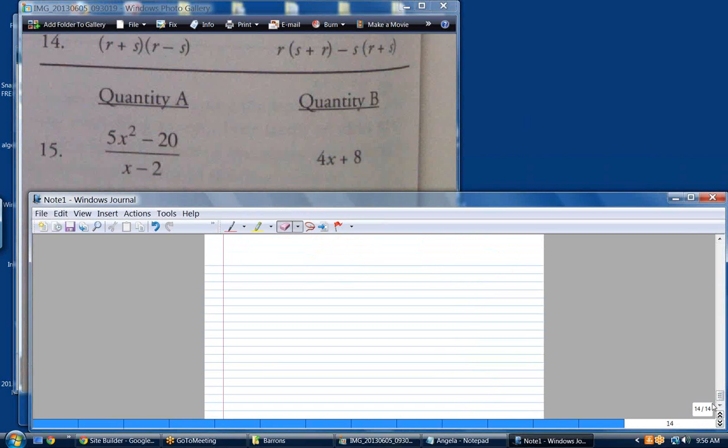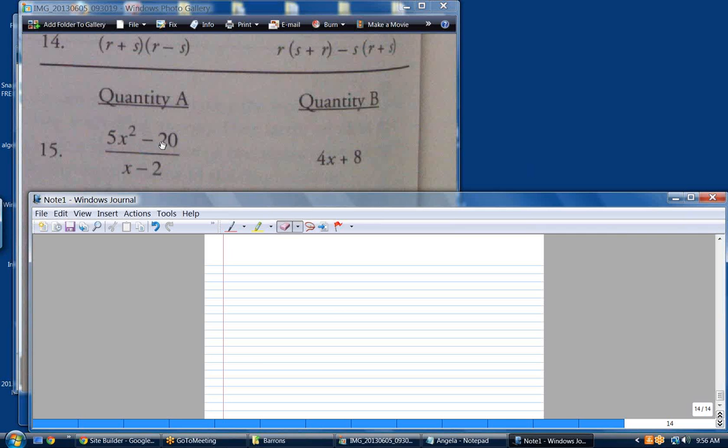Well, in this case, it looks like x can be anything. When I first looked at this, it looks like a factoring problem. Yes, it is a factoring problem.